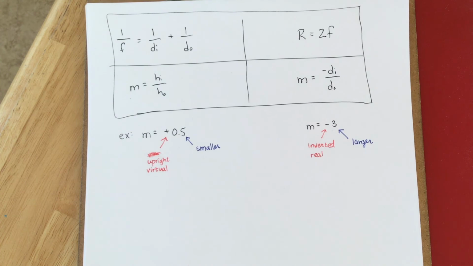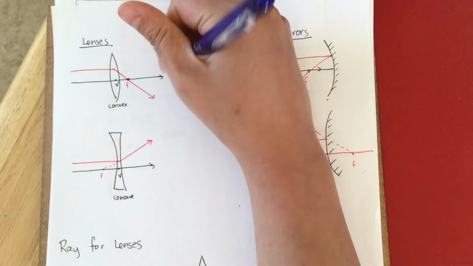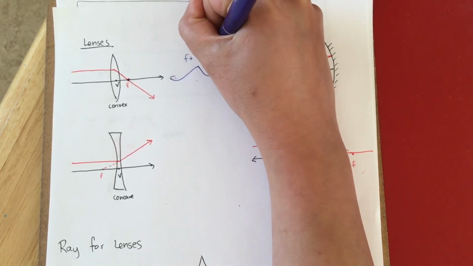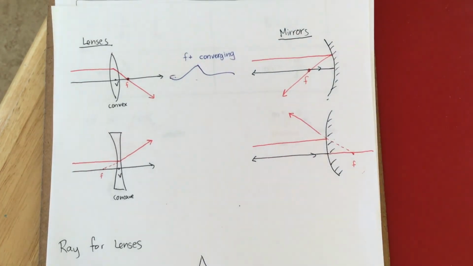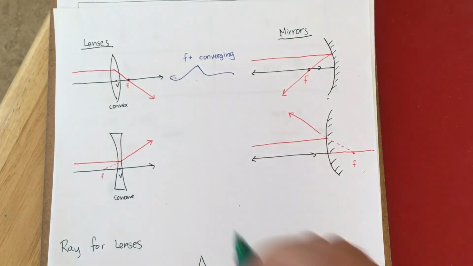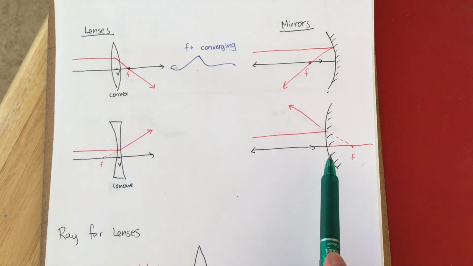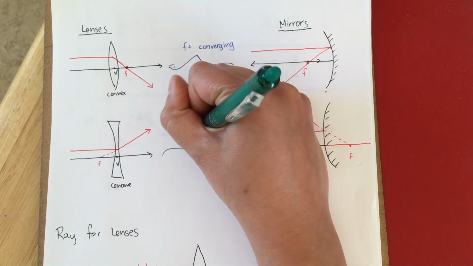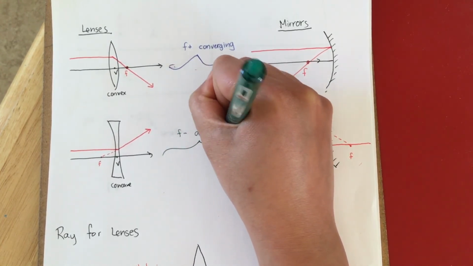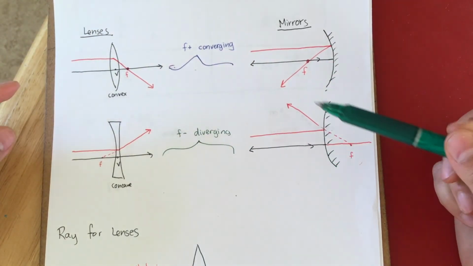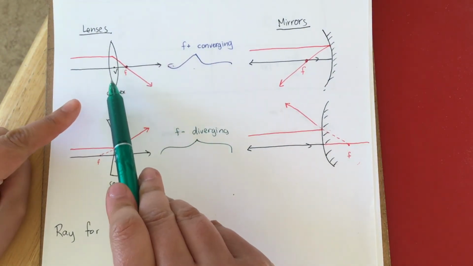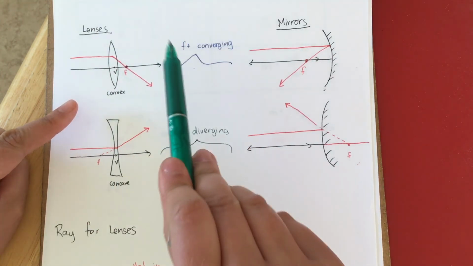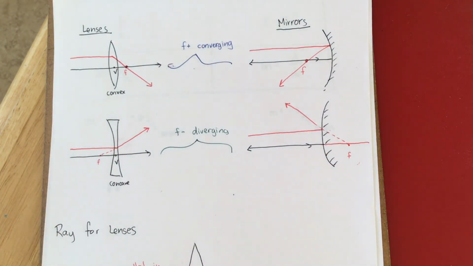Other numbers have similar positive and negative traits that you should keep in mind. These two, the thing they have in common is focal point is positive because these are both converging. Whereas my other guys, my 2 diverging devices, where it goes away from a focal point, that means f is negative, diverging. And that f positive and f negative, that is for whenever you see an object that's convex lens or concave mirror, as long as it's this shape, f is positive no matter what the image is doing.